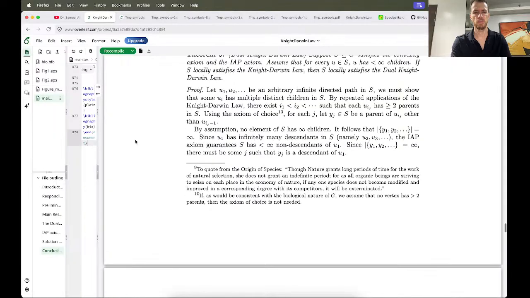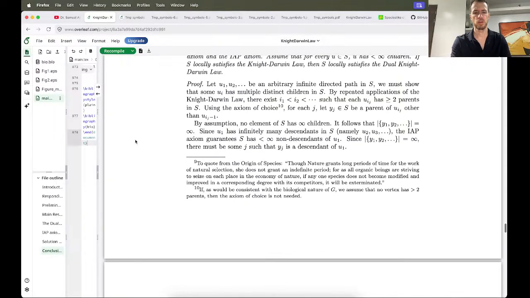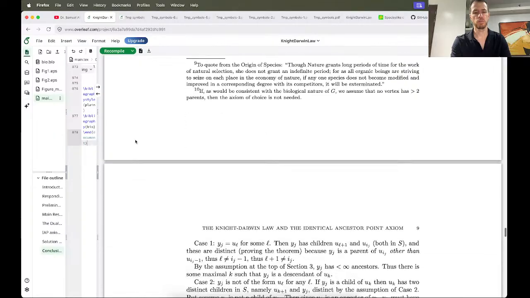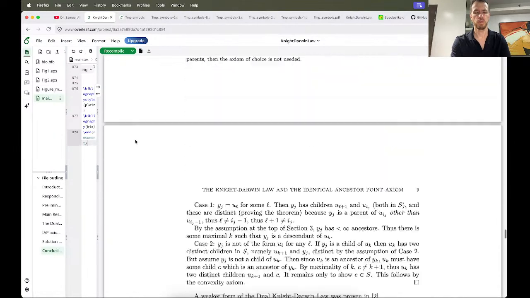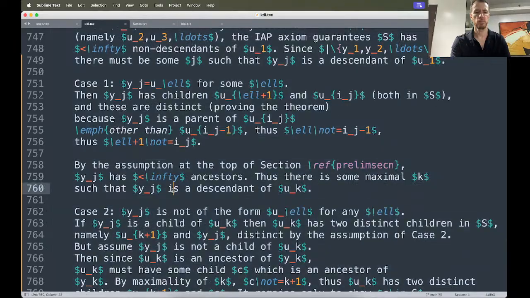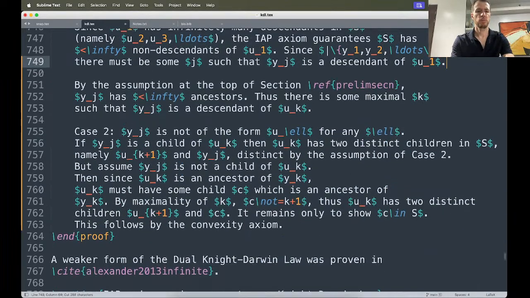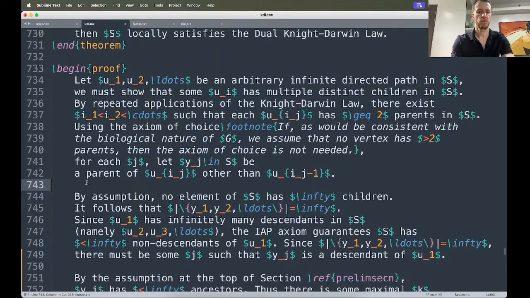Actually, in fact, we could move case 1 all the way up to being after the first paragraph of the proof.